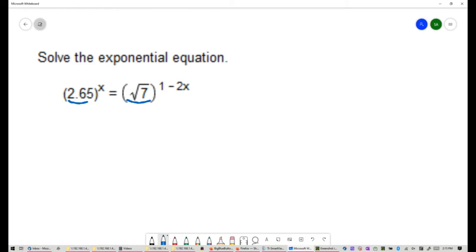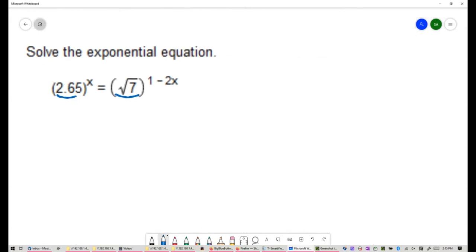So if we were only looking for an approximation to this answer, then we could use making the bases the same, relating the bases to solve this. But we need to be exact. So to be exact, we're going to use the other two methods, which is to convert to a log or to take the log of both sides.